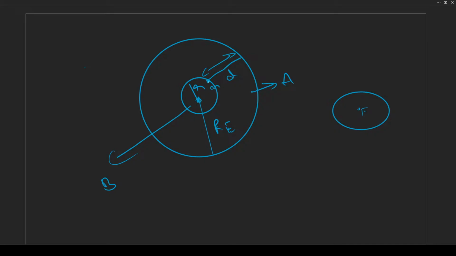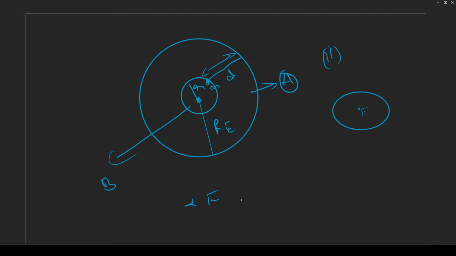So if we consider a mass here, then with respect to shell A, this is a point mass inside the shell A. Because of that, according to the second law, the force at any point inside the shell is zero.